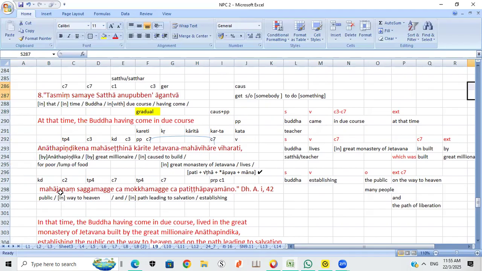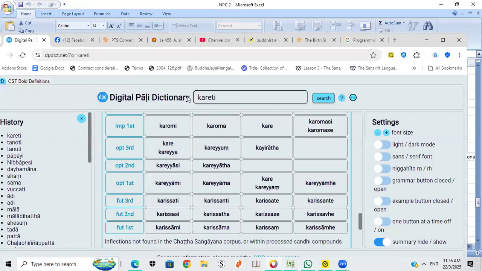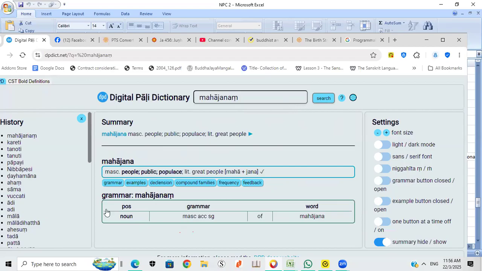Mahajanang. If you look at the word Mahajanang, it consists of Mahanta and Jana. This one is difficult to read for you, but anyway, we just go and look into the details. So here you see the word is people, public, populace, correct? Maha and Jana.